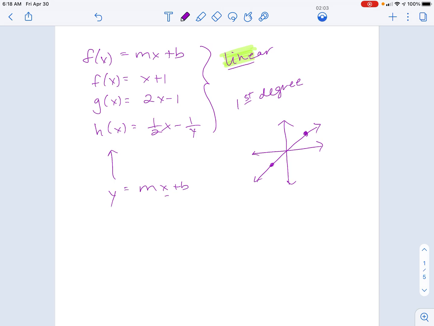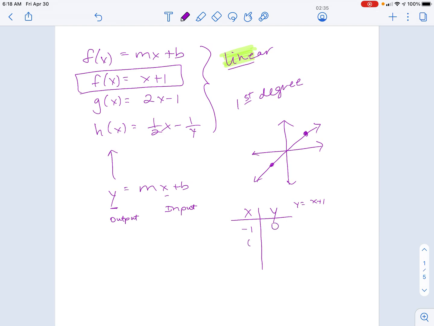Always remember that we have our input and we have our output. The reason I want to make sure we understand that is we're going to see it later in the lesson. I just don't want you to get thrown by seeing f of x or g of x. That's just replacing y. So if I were to do a table, and we've done these before, even with this simple equation, y equals x plus 1, whatever I put in for x is going to spit out my output.